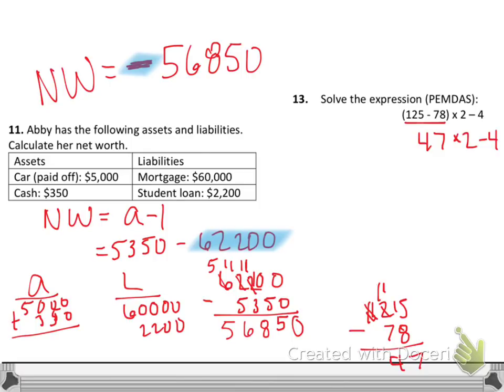Next we do parentheses, exponents, then multiplication, division, whichever one comes first. Remember, whichever one comes first is the order in which you do it. So we have 47 times 2, which is 94. And then you have to bring down the minus 4. 94 minus 4 is 90. Okay, so that's how we solve the expression.